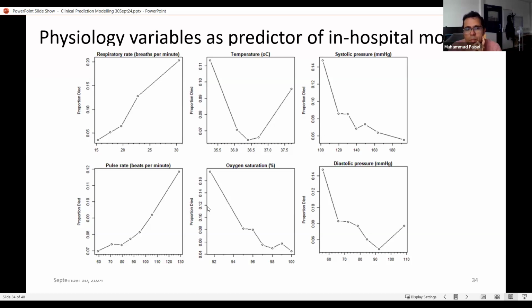And there are systolic blood pressure and pulse rate. So this is the relationship between each of these input variables and our output, which is mortality.